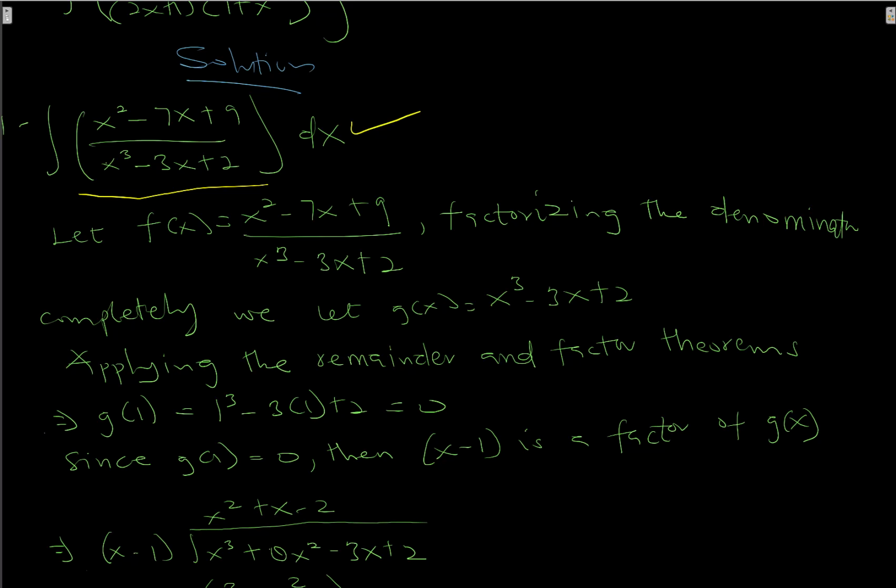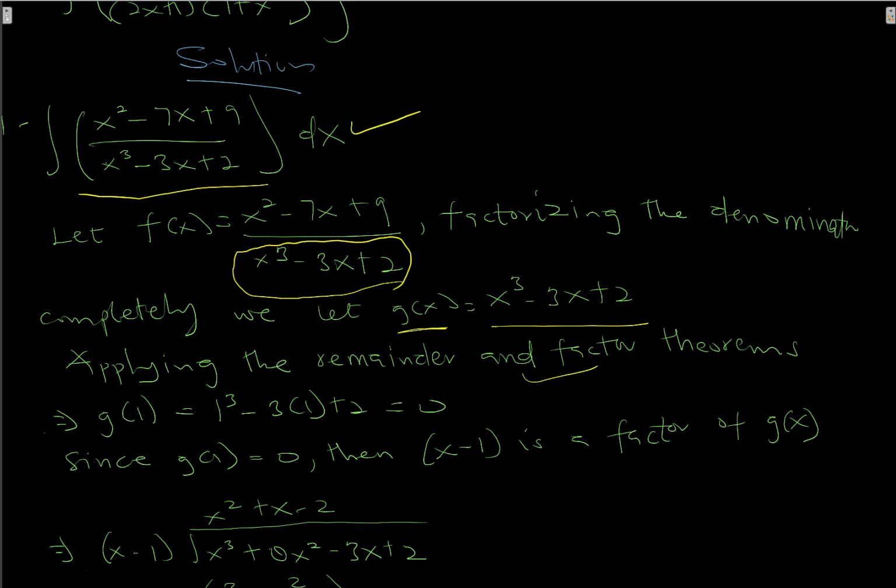So we express this rational function in terms of what? Partial fractions. First of all, we need to check the denominator of this rational function. So we factorize this denominator completely. We choose our function g of x to be our denominator. Now we apply the remainder and factor theorem.